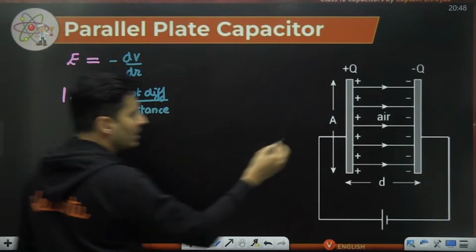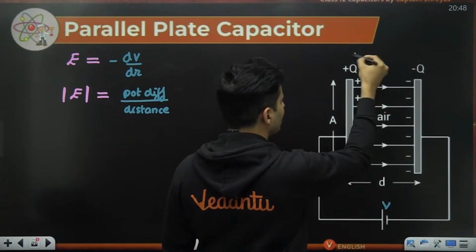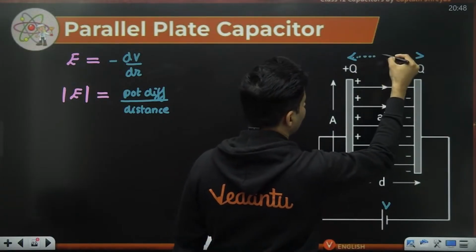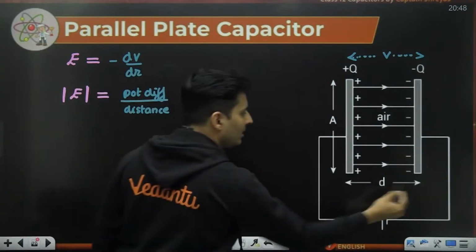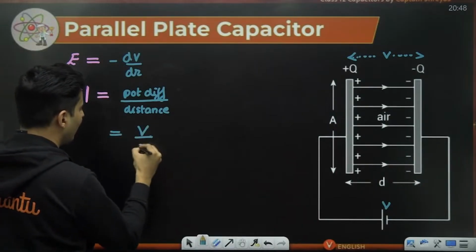So what is the potential difference between this plate and this plate? It is obviously V volts. And what is the distance between these 2 points? It is nothing but D. So it is V by D.